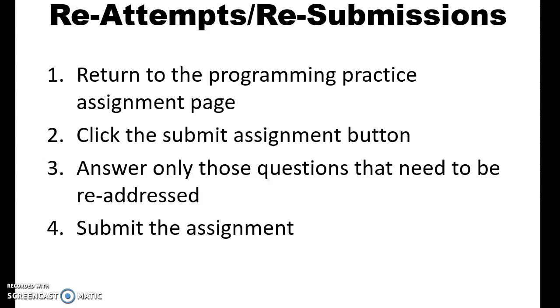So let's say you had this calculate grade submission, and on the application activity question, you didn't submit the program text. In the first attempt, you completed question 1 correctly, question 2, question 3, and question 4 correctly, and in question 5, you missed the programming text. I gave you feedback: I need the programming text for you to get full credit for that question.